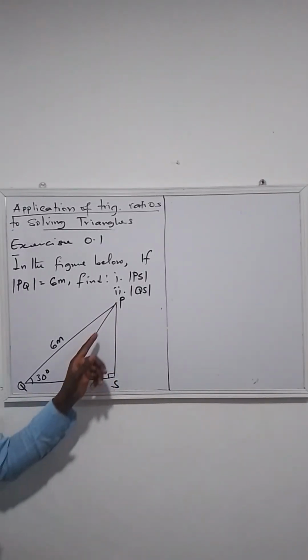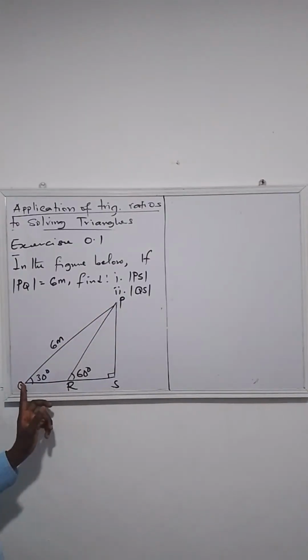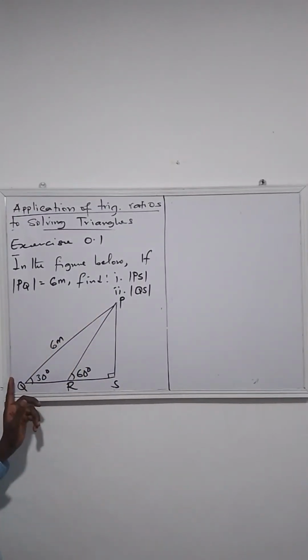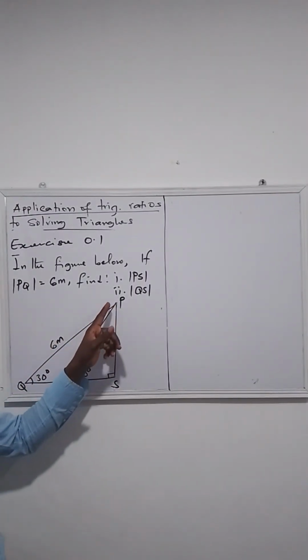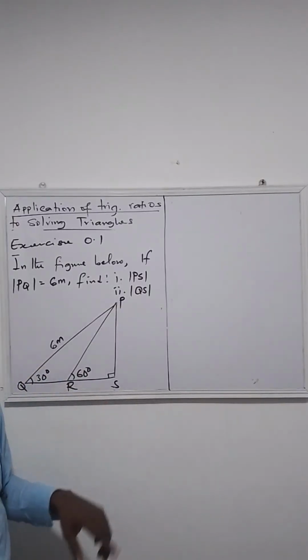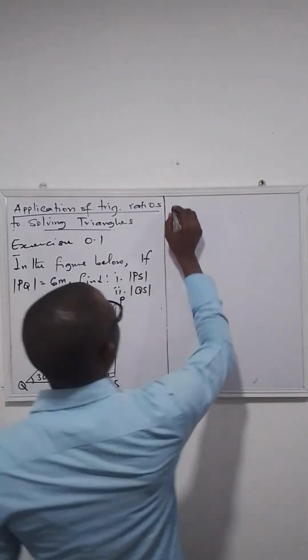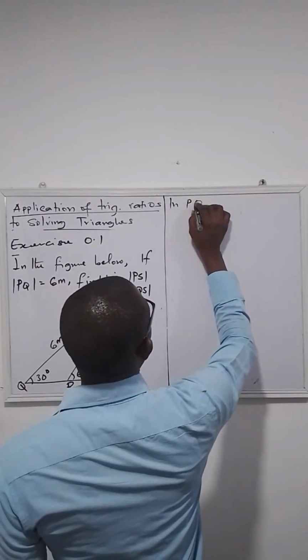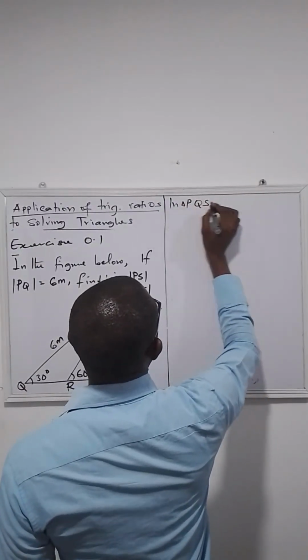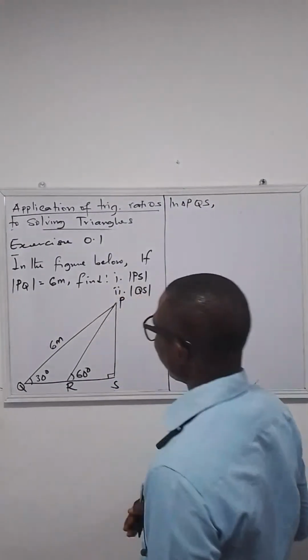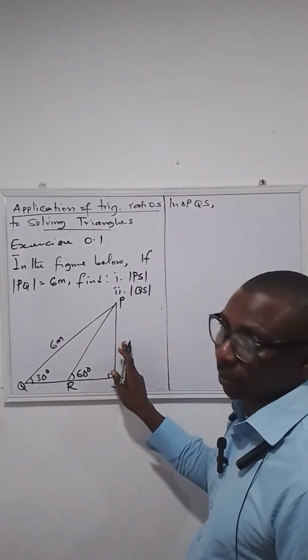But look at triangle PQS. One of the sides is given. The hypotenuse is given. So that means I'm considering triangle PQS. I will start by saying in triangle PQS, I need to get this.